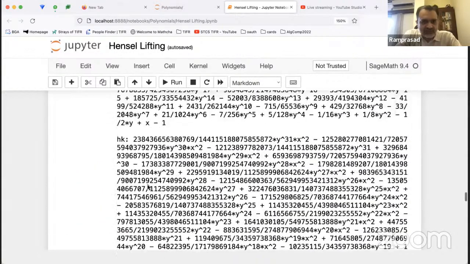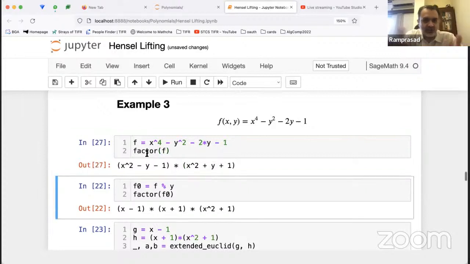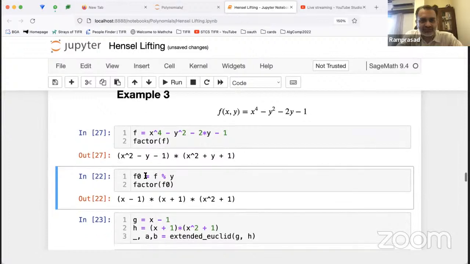The actual factors, let's go back here and write down the factor of f. This is something we don't know, but I'm cheating here and already telling you what the factorization is. So we started off with f mod y and we factored f mod y. Mod y, this became x squared minus 1 into x squared plus 1, because that's like setting y equal to 0.